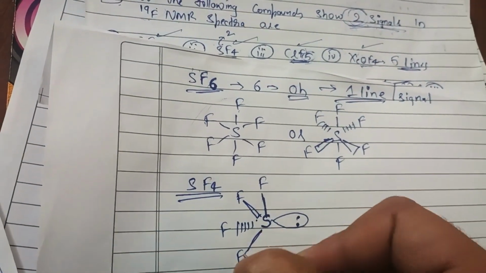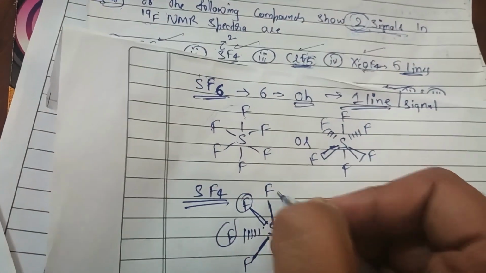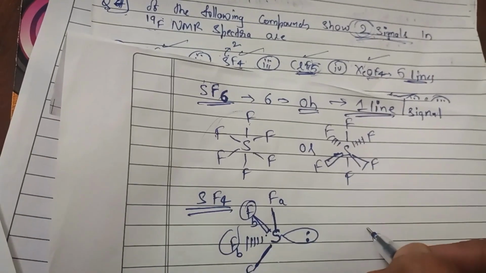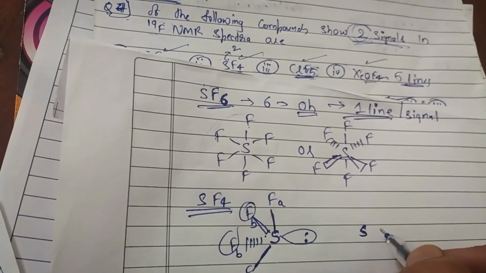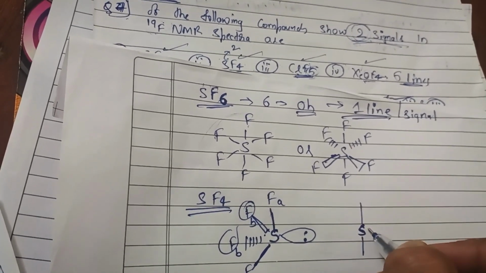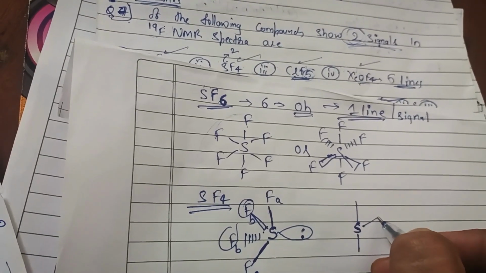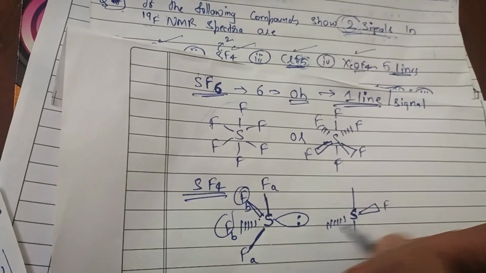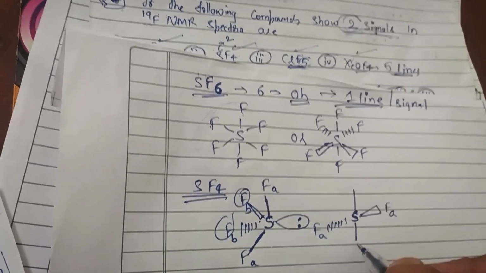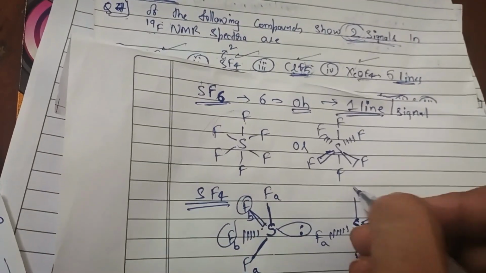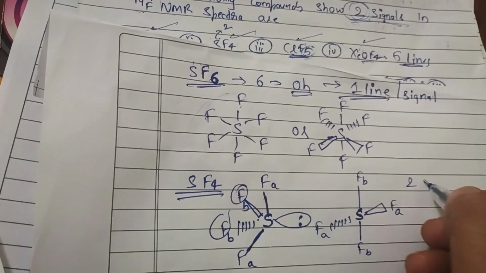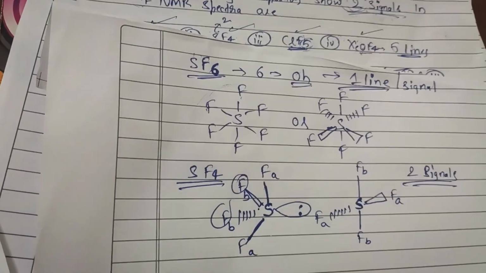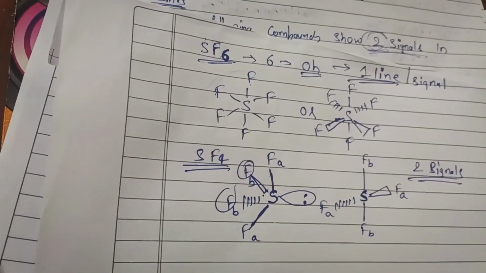One will be for this, and another will be for this: A, A, B, B. One fluorine will be on the front and one at the back. This fluorine and this fluorine will give one peak, and these two fluorines will give one peak, so two signals.